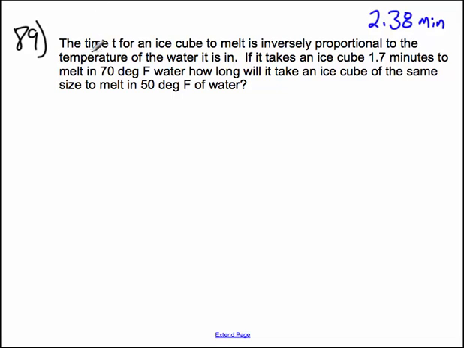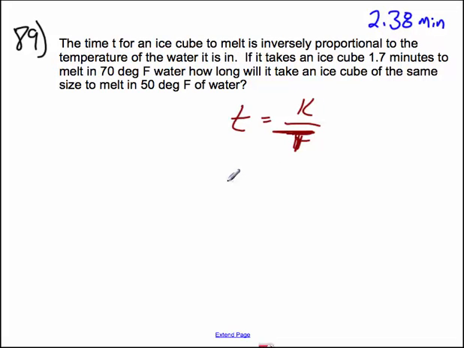Number 89. Inversely proportional. Time is equal to some constant divided by the temperature, capital T. Okay, so let's find out what the constant is.